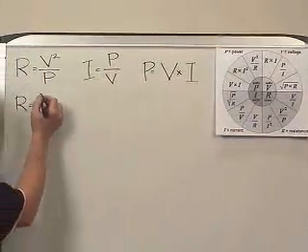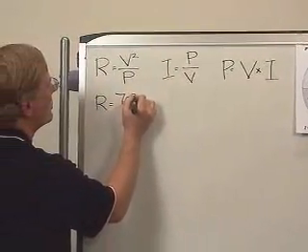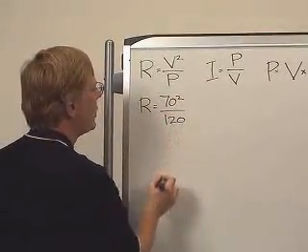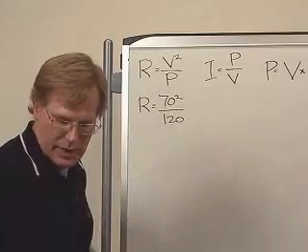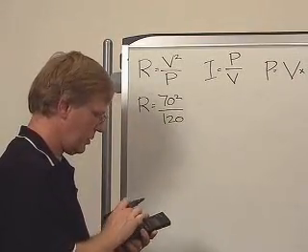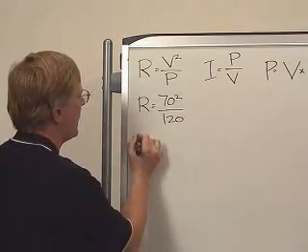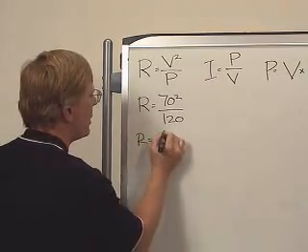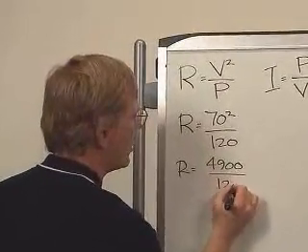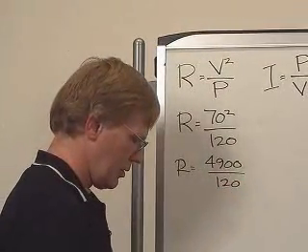So voltage squared, let's say we have 70 volts squared divided by power, let's say it's 120 watts. I get out my scientific calculator, and I do 70 squared, and that gives me 4,900 divided by 120 watts.